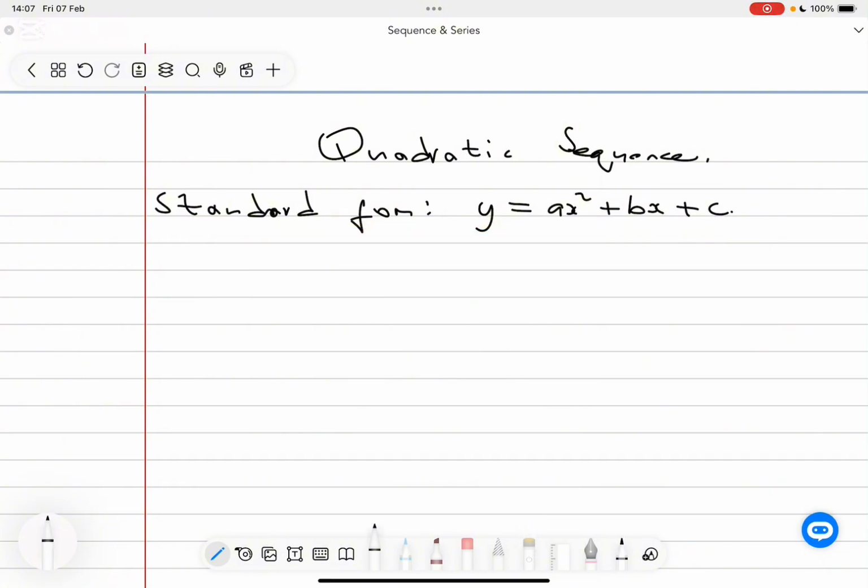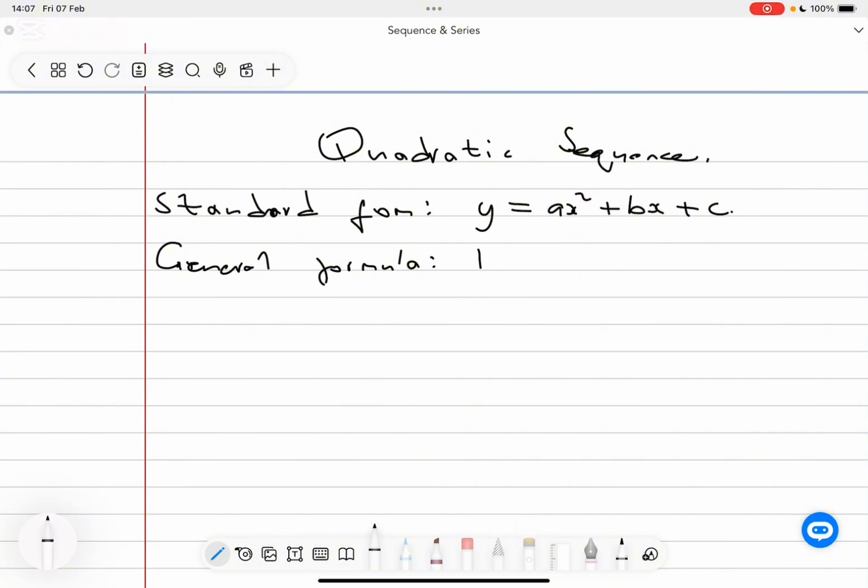From this equation, we literally come up with a general formula for the quadratic sequence. We turn this standard form into a general formula of a quadratic sequence.